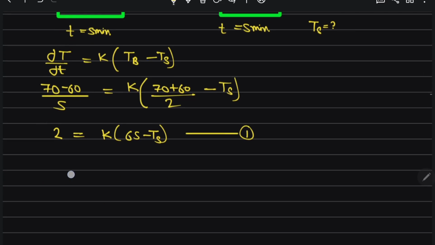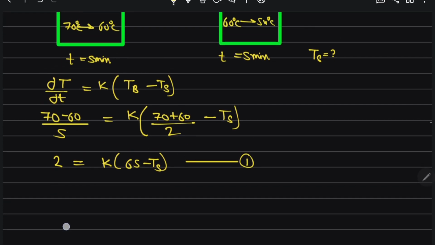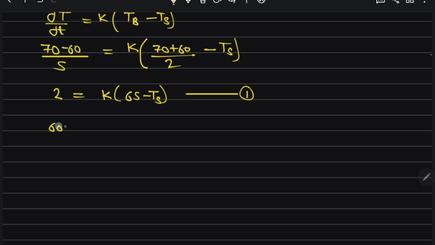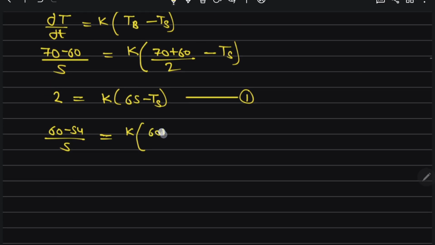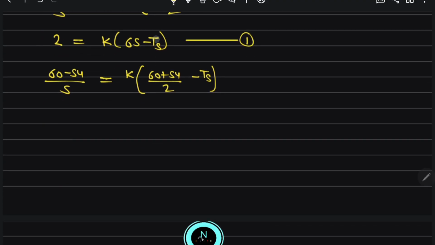Now second condition: 60 minus 54, again they take 5 minutes, that is equal to K times 60 plus 54 divided by 2 minus temperature of surrounding. This comes out to be 6 by 5 equal to K times 57 minus temperature of surrounding. This is equation second.